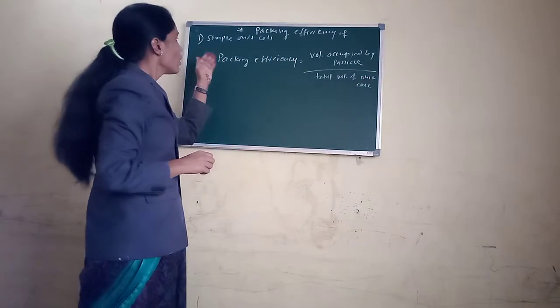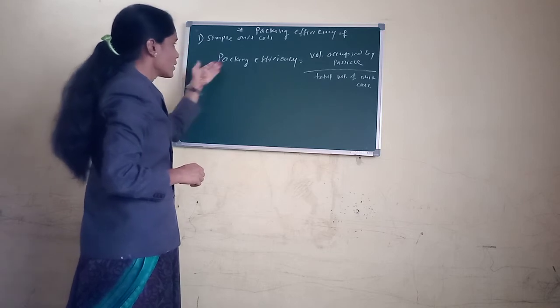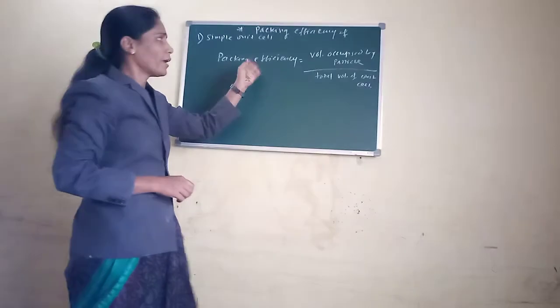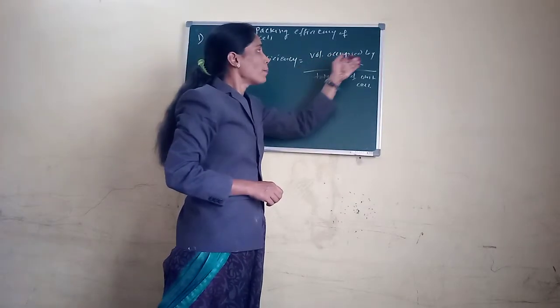The formula for all unit cells is the same. The packing efficiency of a unit cell can be calculated by the formula volume occupied by particles.